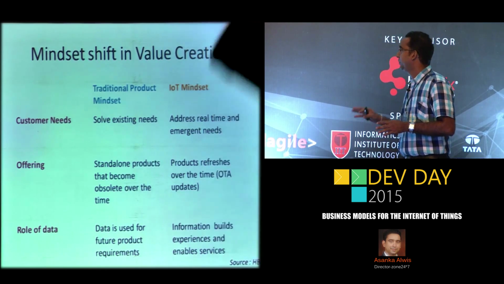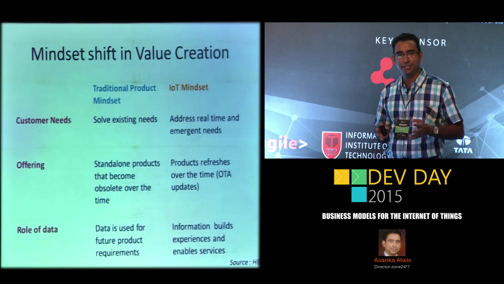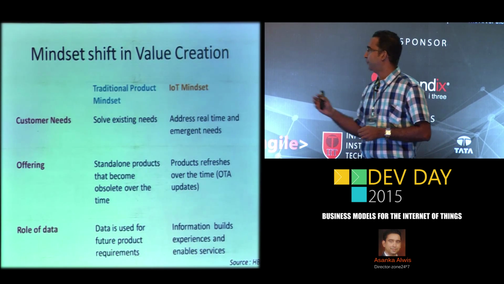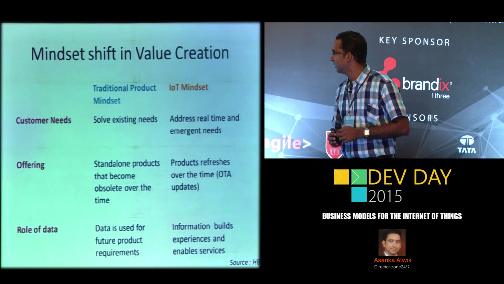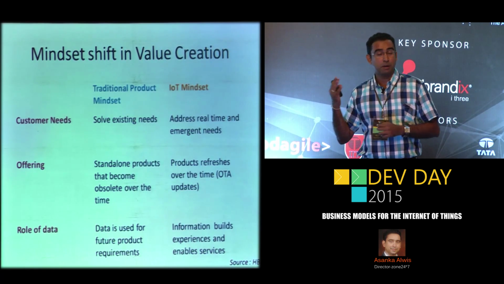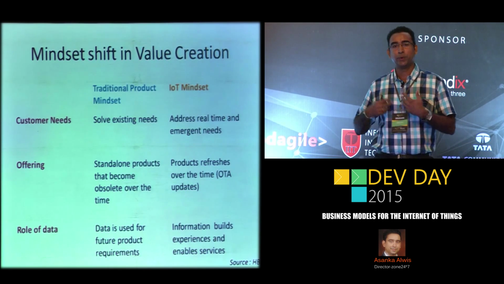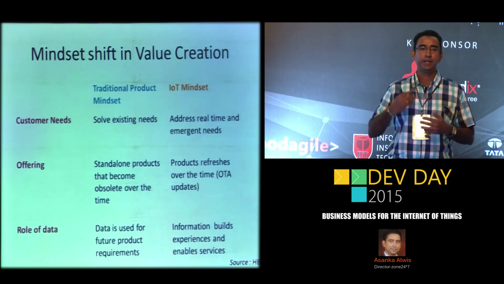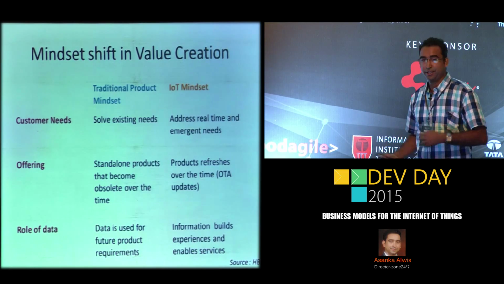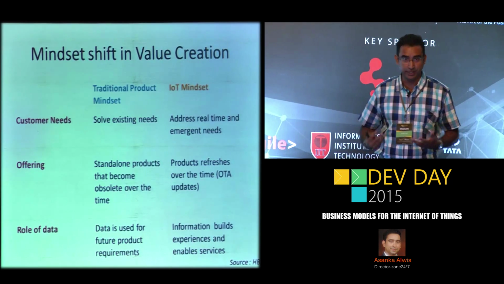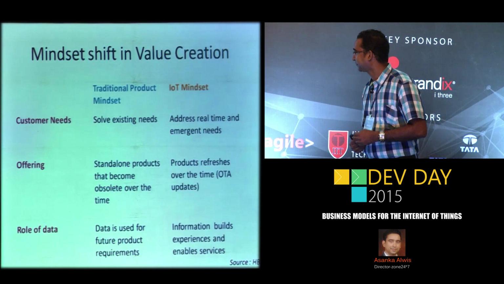But in IoT, we are talking about real-time and emergent needs. Offering-wise, there will be standalone products, which become obsolete over time. But with IoT, we always think about over-the-air updates, how we could update it to the next level. Even Tesla cars update their firmware over the air to fix bugs.